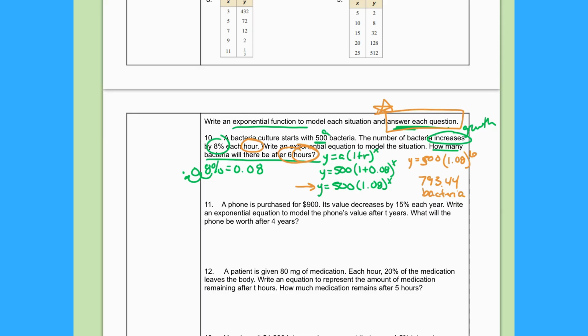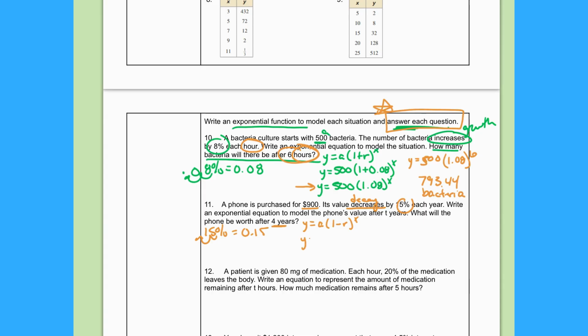A phone is purchased for $900. Its value decreases. Since it tells us it's decreasing, that means it's going to be a decay problem. So then I'm going to write my model out. That's going to be this, the 1 minus r, 15%. So 15%, move the decimal 2 times. That's going to be 0.15. And then we'll save this 4 years for after we write our model.